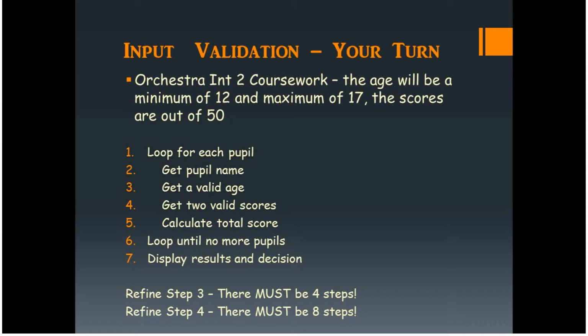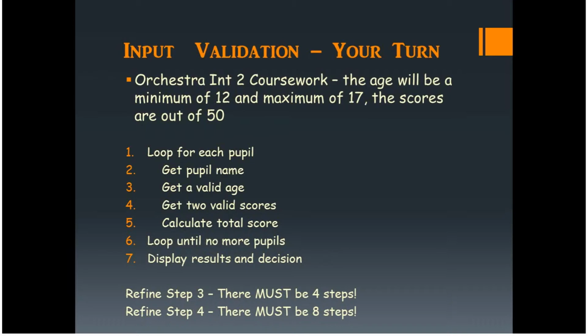Right, step 4, get 2 valid scores. Now this needs to be refined as well, and there must be 8 steps. Don't mix them up. Right, what do I mean by that? The first 4 steps is score 1, the second 4 steps are score 2.